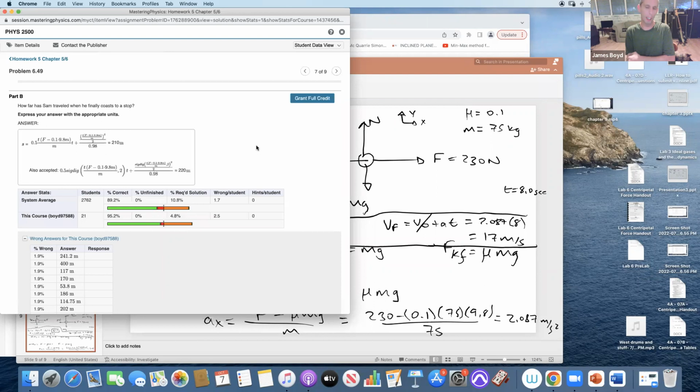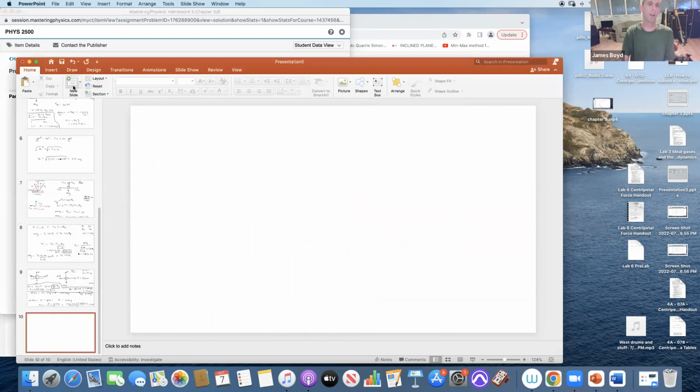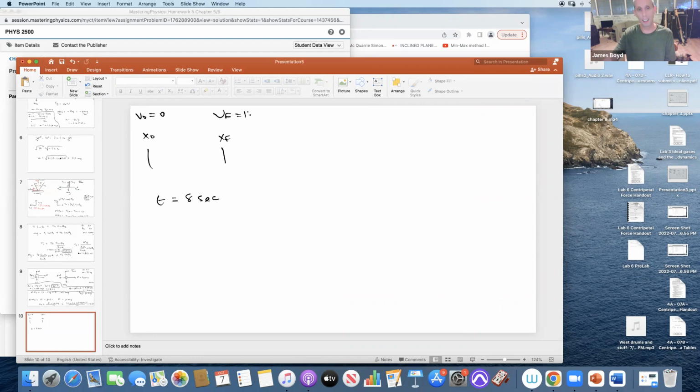And this problem's a little bit harder. First of all, we need to figure out, in that first time of 8 seconds, x initial, we didn't know x final. v initial was 0. v final was actually 16.7.